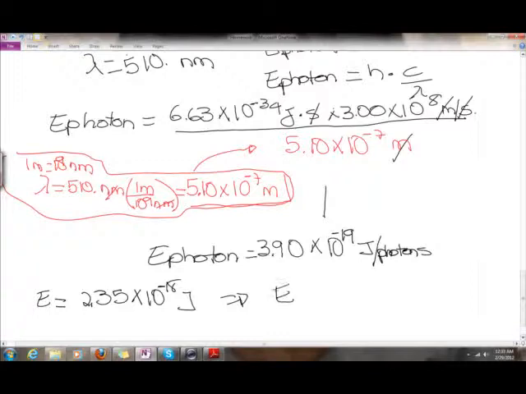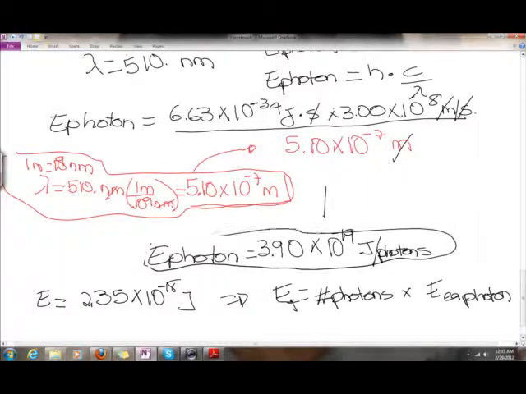Because the total energy is always the number of photons, right, times the energy of each photon. So if you divide the total energy by the energy per photon, you're going to obtain the number of photons.